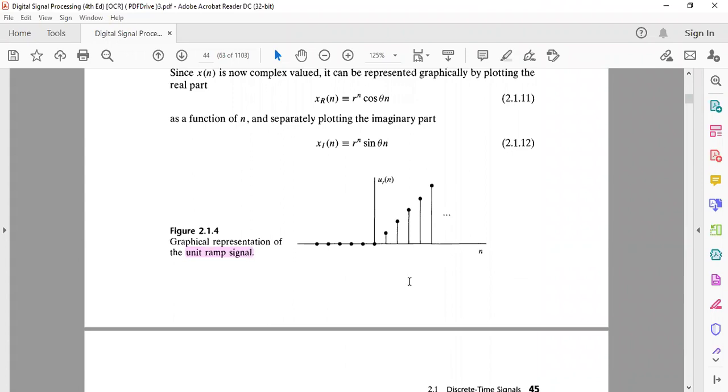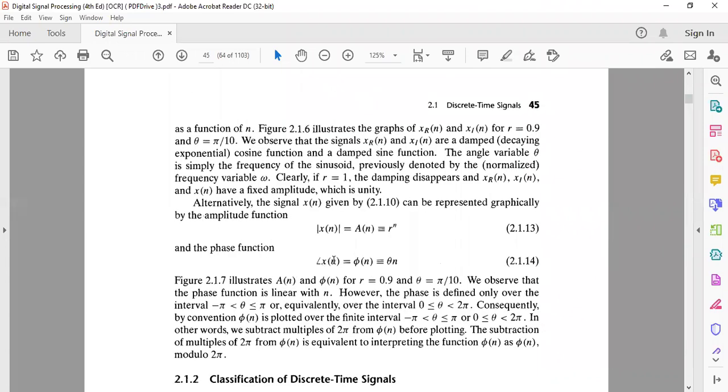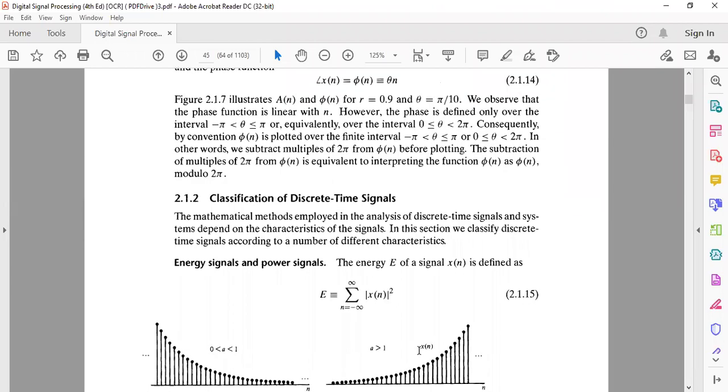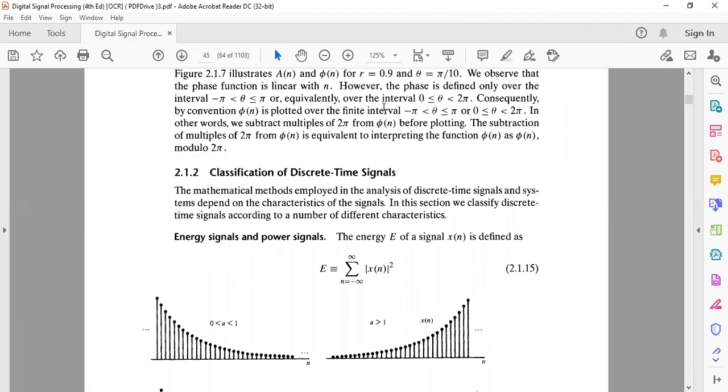And that's what we have here in these exponential illustrations. The next thing we want to look at is the classification of discrete signals.